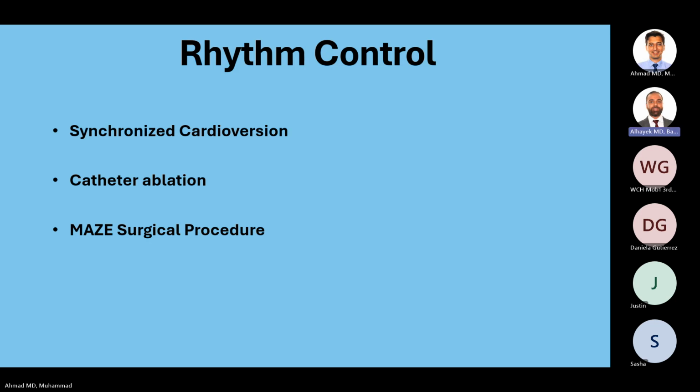The EP cardiologist is then going to ablate areas of abnormal electrical activity that he sees when he performs the electrical mapping. After this procedure, the patient is also continued on at least 4 weeks of anticoagulation. This is for both of them because of the increased risk of thrombus formation after these procedures.